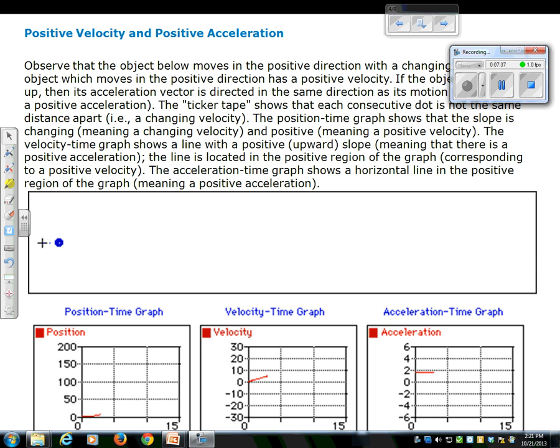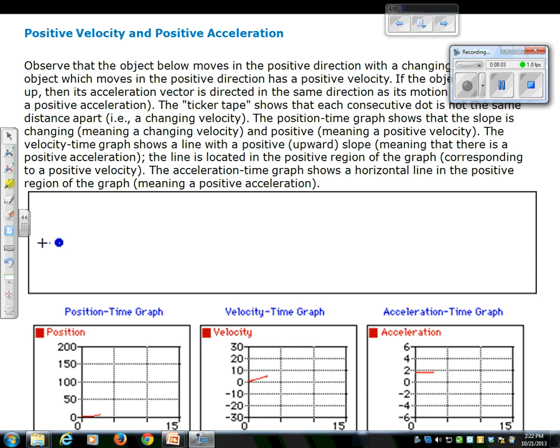The acceleration time graph has a value of about what? 1. How come? Because the slope of this line is? And has a value of? About 1.7. Because the acceleration time graph is a graph of the, starts with S, ends in slope of the velocity time graph.